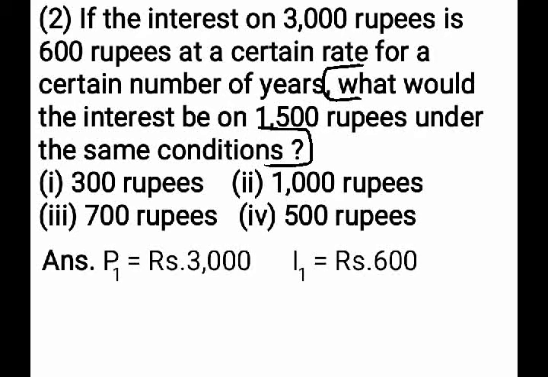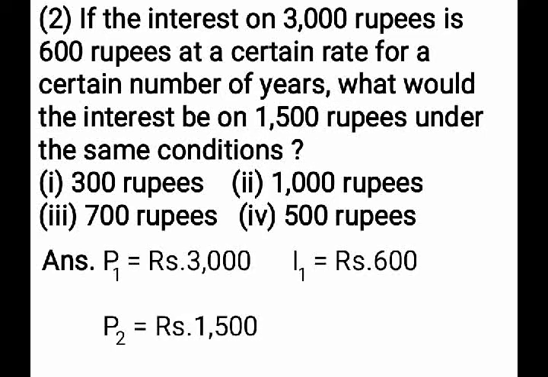What would the interest be on 1500 rupees under the same conditions? Means interest 2 you have to find on given principal 2. Principal 2 is equal to rupees 1500. Interest 2 you have to find. You have to write the ratio form now on the left side and right side.